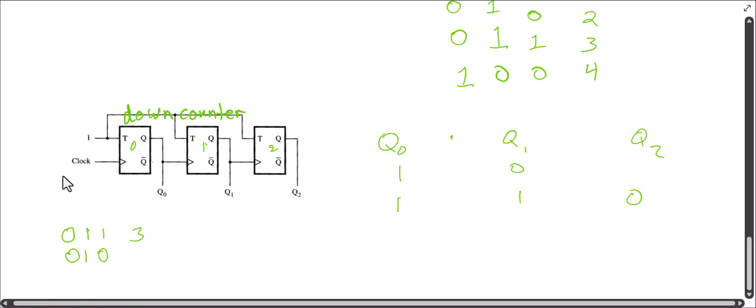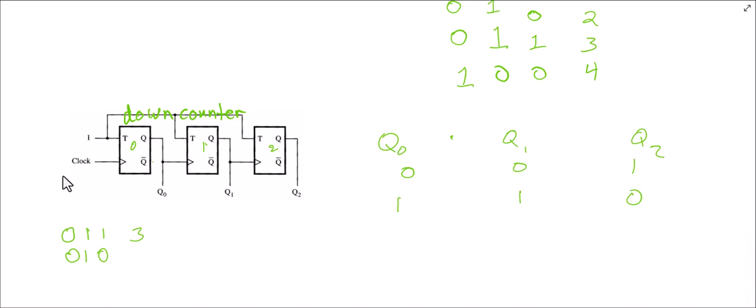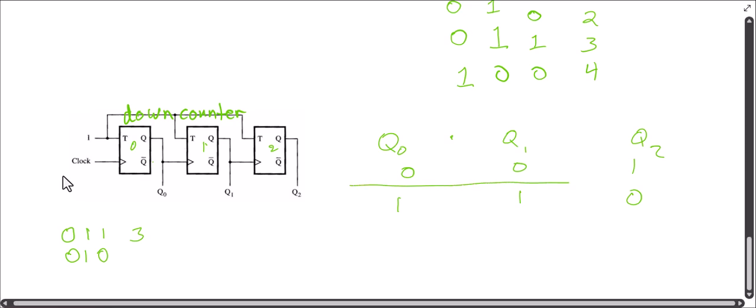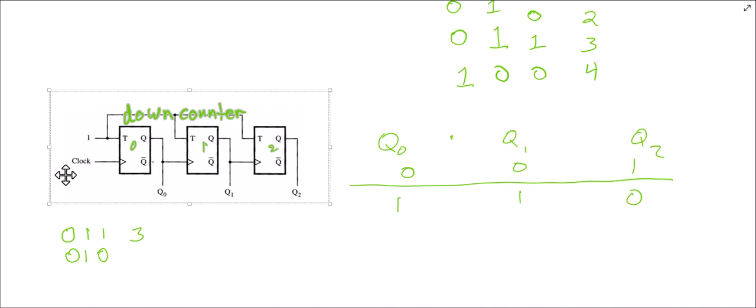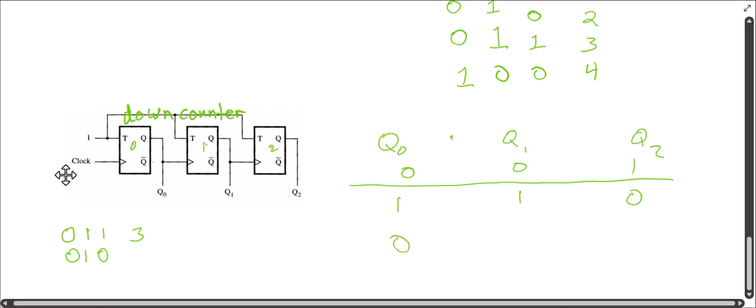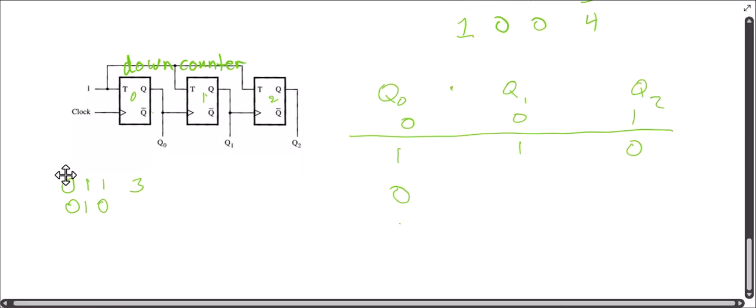Okay, so now Q0 has its input as a clock, and the clock is the clock, and 1 is its input for T. That means as long as the clock has a positive edge, it will toggle, and so Q0 is always going to toggle. So it will always go from 1 to 0 to 1 to 0 every time.